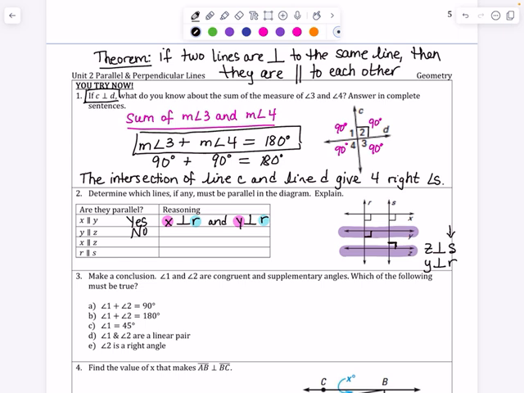Line Z is perpendicular to S, and Y is perpendicular to R. These two right here are different. So therefore you cannot say that Y and Z are parallel to each other.